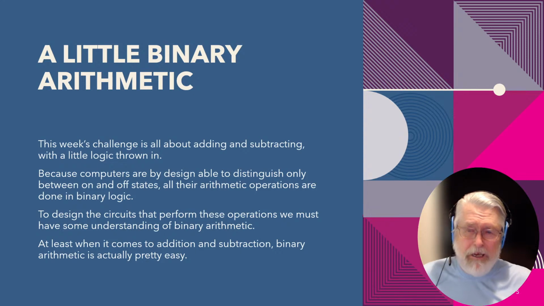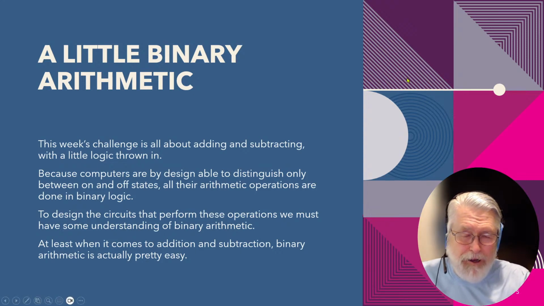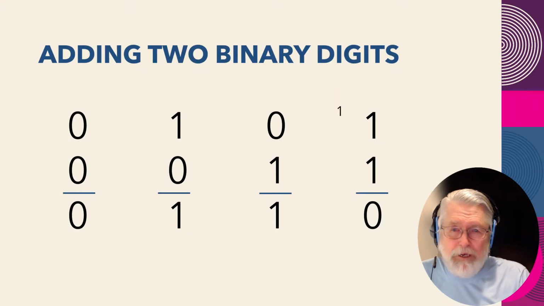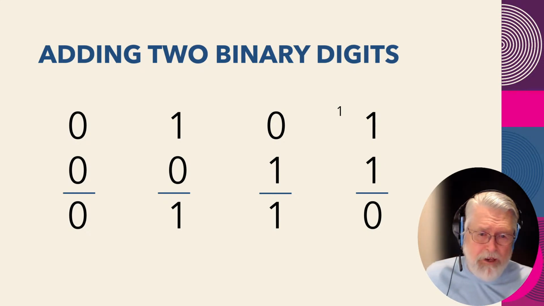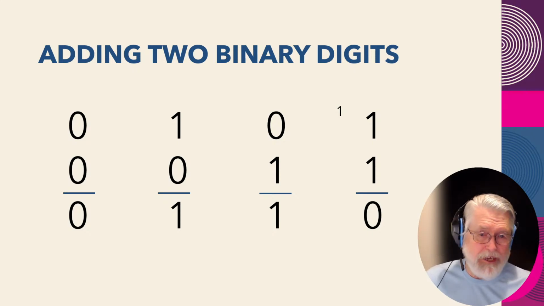And so it really is very, very easy when you think about binary arithmetic. Let's look at how to add up 2 binary digits. Each one of these columns is an example of adding 2 binary digits, and these are all the possible combinations of adding 2 binary digits together.